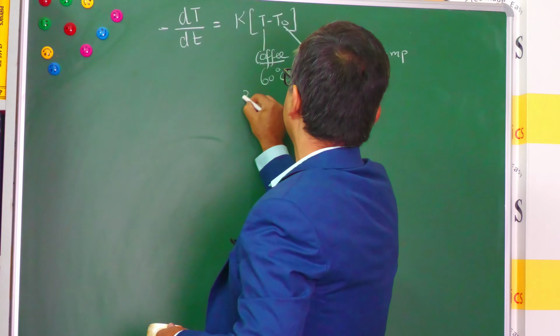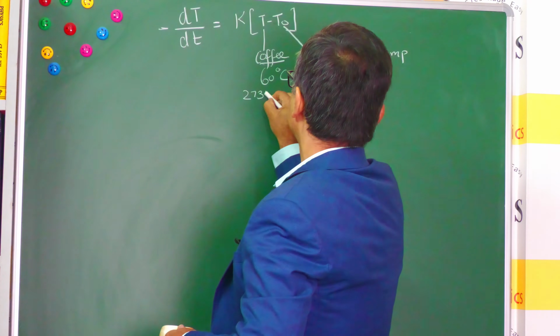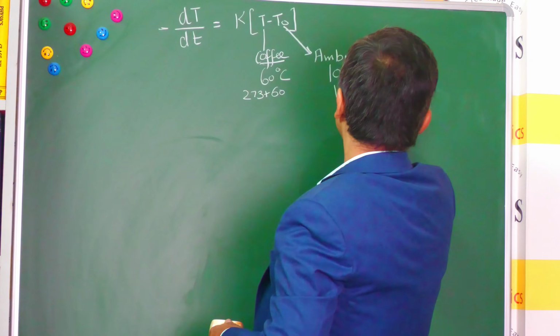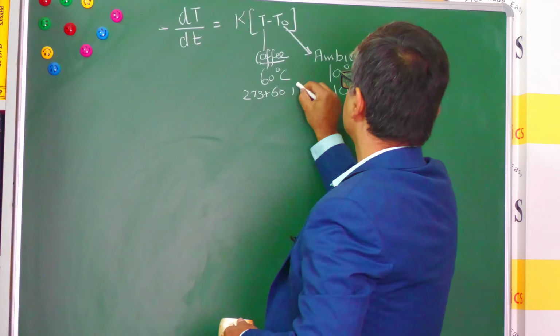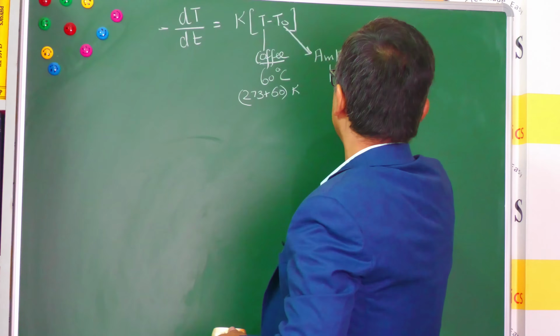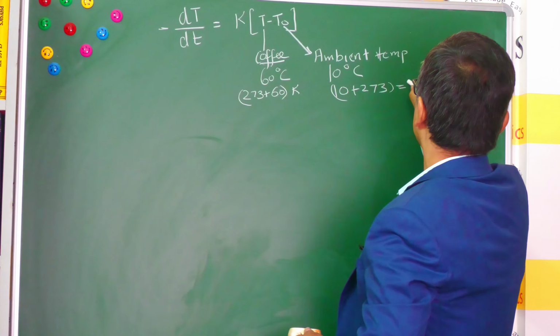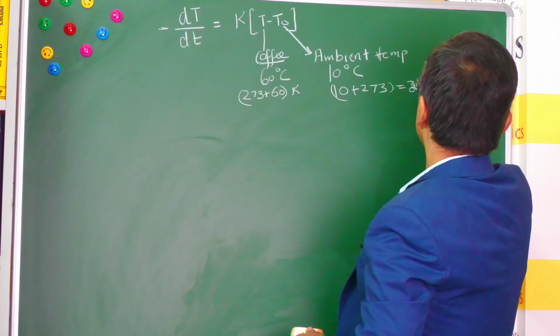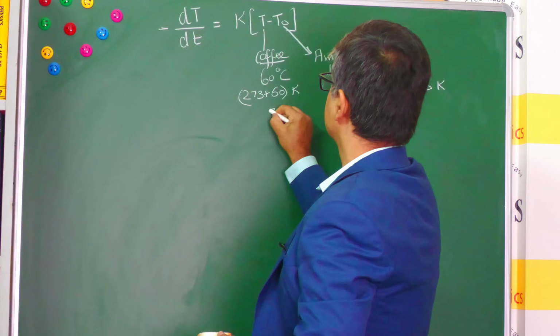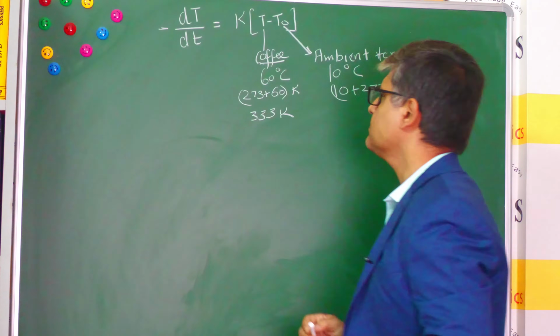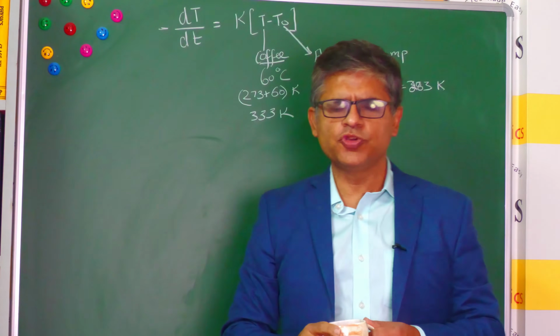So this is 273 plus 60, which is 333 kelvins, and this is 10 plus 273, which is 283 kelvins. So you have a sense, right?